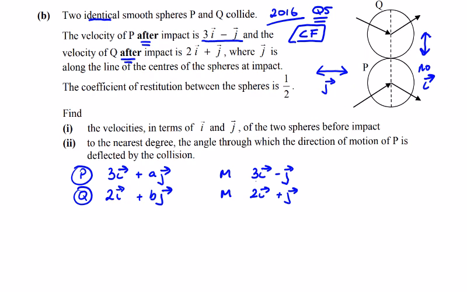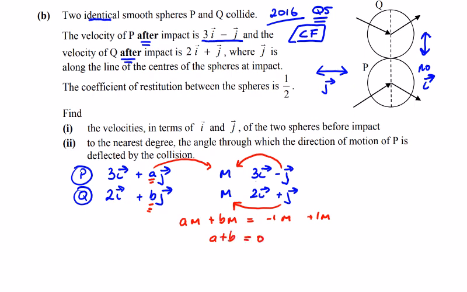So the unknowns are the a and b, so we're focusing on the j's. So a times m plus b times m is equal to this minus 1 times m and this plus 1 times m, and they're going to cancel, so we divide by m and get a plus b is equal to 0.